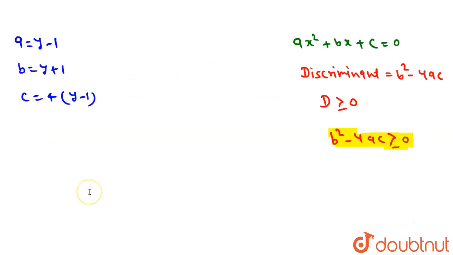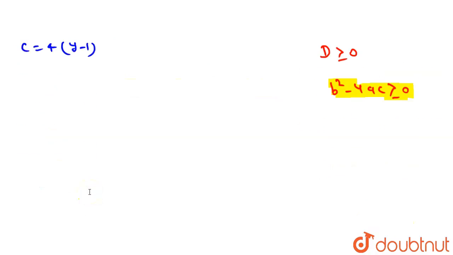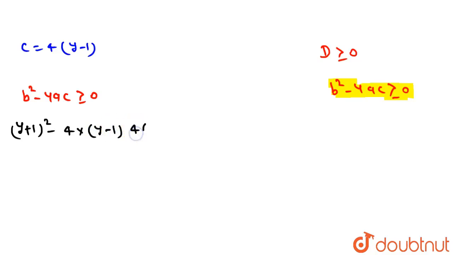Now the condition is discriminant should be greater than or equal to 0, means b square minus 4ac should be greater than or equal to 0. b is y plus 1, so this will become y plus 1 whole square minus 4 into a, which is y minus 1, and c is 4 into y minus 1, should be greater than or equal to 0.